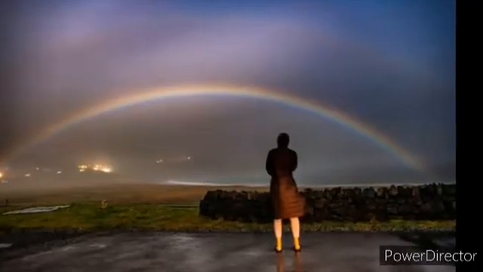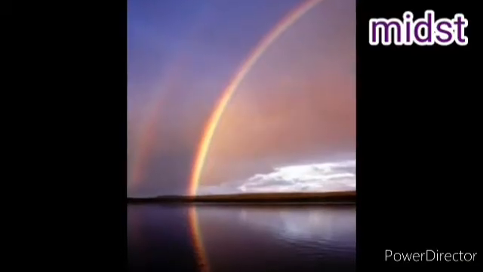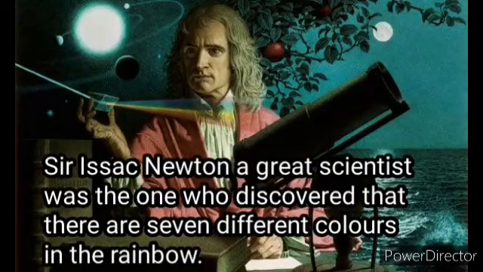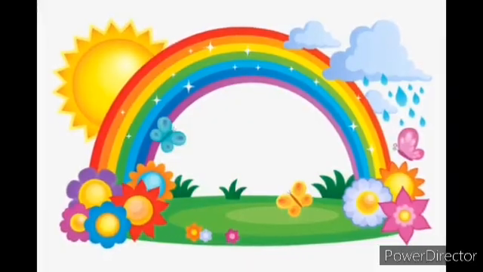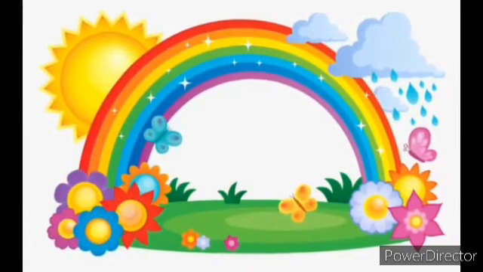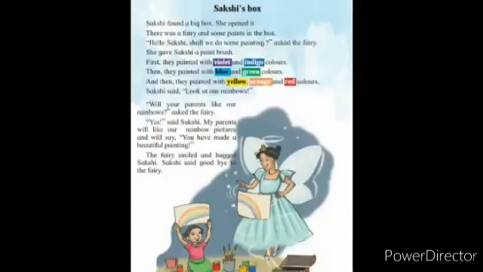Rainbows can be seen not just in rain, but in fog, mist, spray and dew. Sir Isaac Newton, a great scientist, was the one who discovered that there are 7 different colors in the rainbow. So now, wherever it's raining, look out for the sun. You never know, you may spot a rainbow.